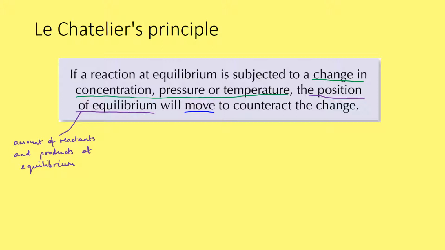And if that position moves, it just means we've got a new amount of reactants and a new amount of products at the new equilibrium position. So because it's at the new equilibrium position, it's still at equilibrium. You have steady concentrations, but different concentrations to the ones before. So that is the position of equilibrium.